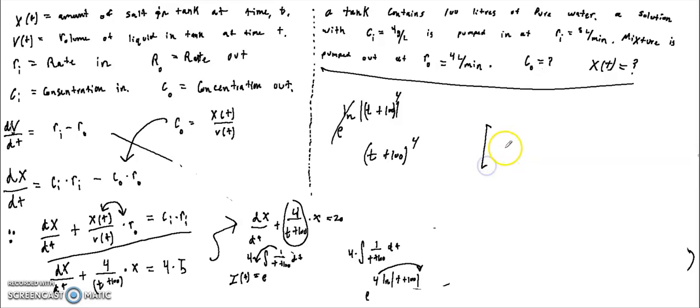So we know that it's just going to be our integrating factor times x of t, which we'll just say is x, but it's prime, its derivative, equals Ci times Ri, which is 4 times 5, which is 20, times our integrating factor, which is t plus 100 to the 4th.